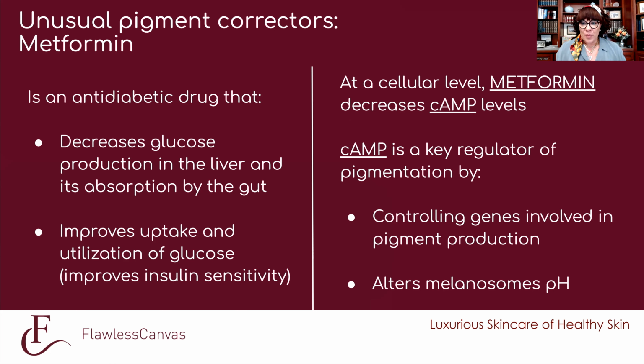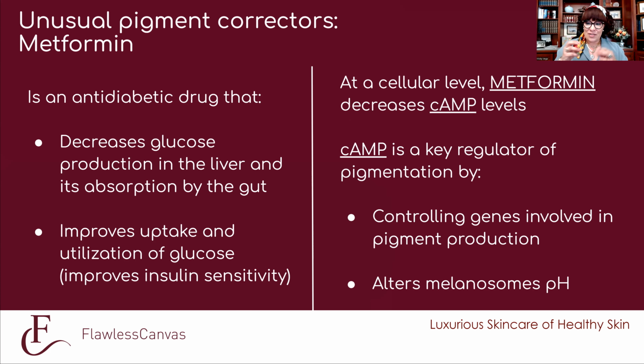for anti-aging. From a cellular level, metformin decreases the levels of cyclic AMP, which is an internal messenger in the cells, and cyclic AMP is a key regulator of pigment production. So when your melanocyte is increasing production of pigment, your levels of cyclic AMP go up.